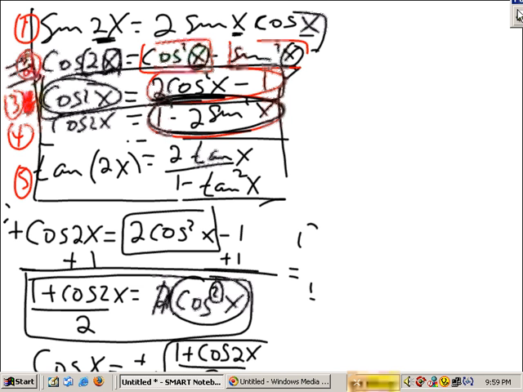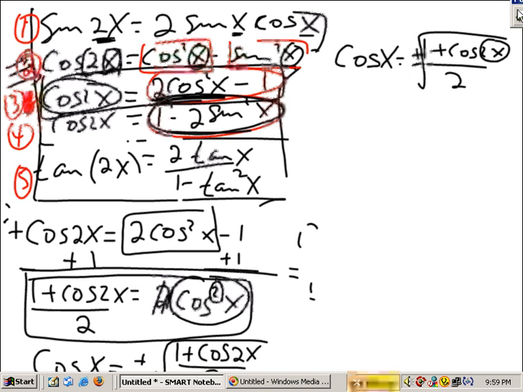For example, if I take cosine of x is equal to 1 plus cosine 2x over 2, the square root of it, plus minus. And wherever I see 2x, I call it u. Well, if 2x is equal to u, if I divide this by 2, I get x. And if I divide the other side by 2, I get u over 2.